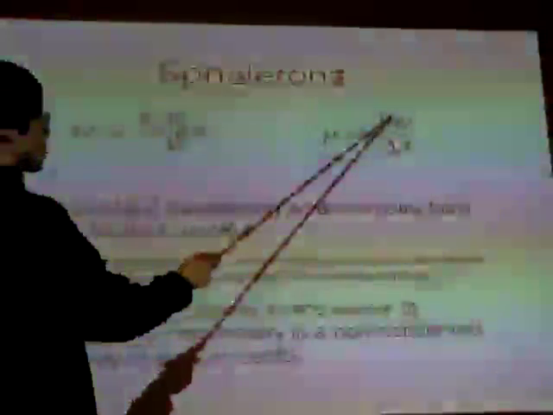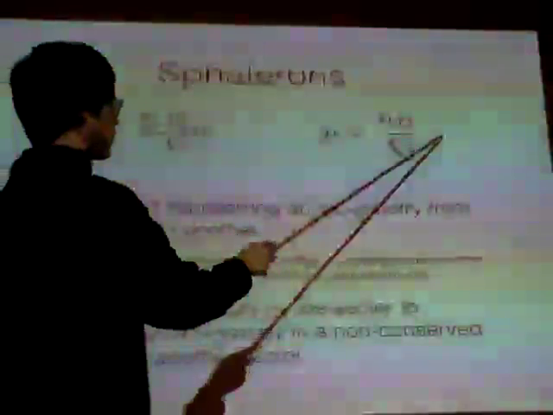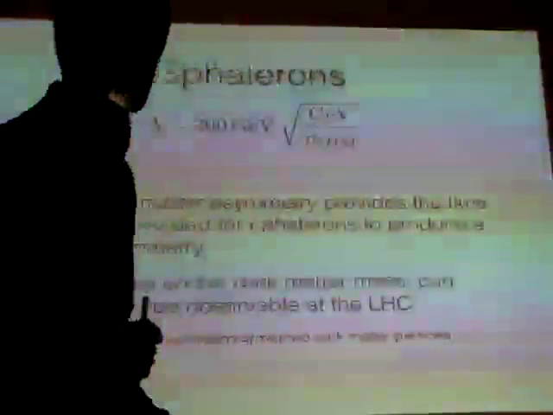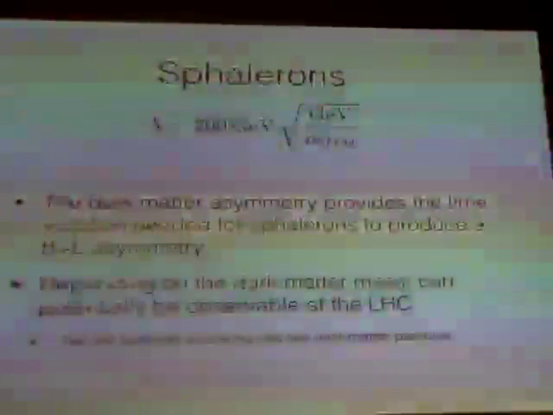Because as soon as you turn this number density into an energy density by dividing by the mass of the dark matter, and since you know what the baryon number abundance today is, you can calculate what the UV cutoff here has to be in terms of the mass of the dark matter. And so what you see here is that if you put the dark matter mass at sort of GeV scale, this is an extremely low cutoff here. And so this should be testable in a lot of different ways.